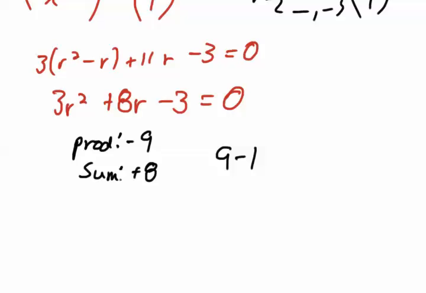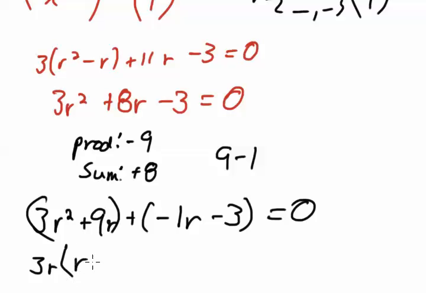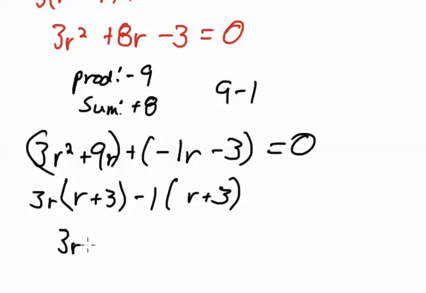So I can write that as 3r squared plus 9r plus negative 1r minus 3 equals 0, or 3r times r plus 3 minus 1 times r plus 3, or likewise 3r minus 1 times r plus 3 equals 0.